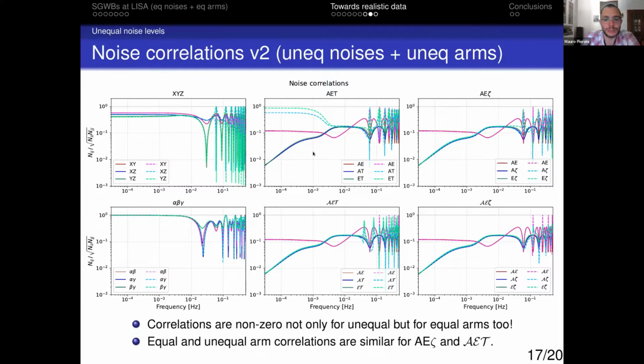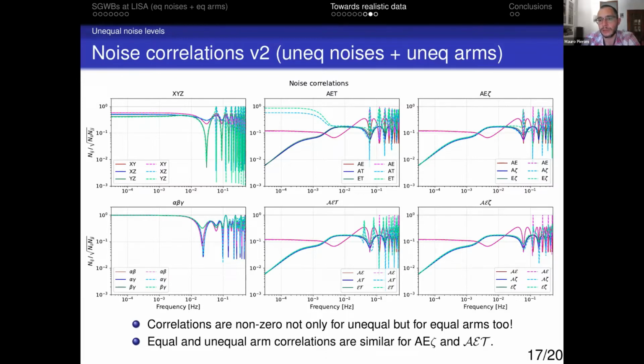Basically, what is changing is that in the equal arms, equal noise levels case, solid lines are all 0 in these 2 columns. Here, because I'm introducing these different noise levels, I cannot really orthogonalize the noise matrix perfectly. I can still do it, but it's going to be different. I cannot just use the standard rotation matrix.